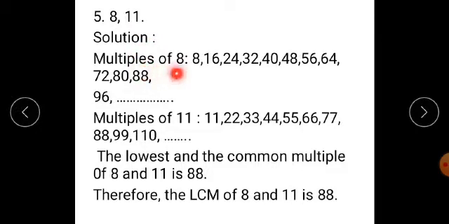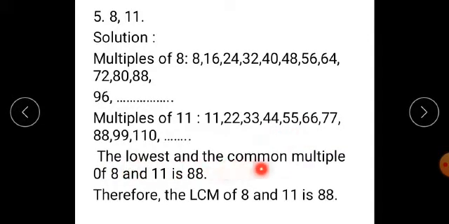Solution: multiples of 8 are 8, 16, 24, 32, 40, 48, 56, 64, 72, 80, 88, 96, and so on. Multiples of 11 are 11, 22, 33, 44, 55, 66, 77, 88, 99, 110, and so on.